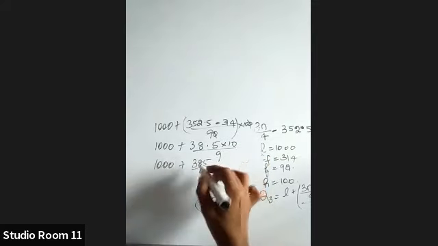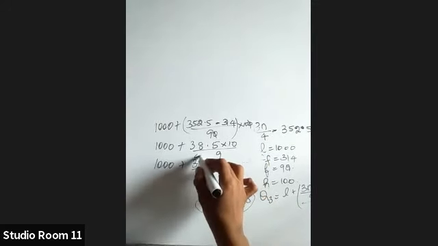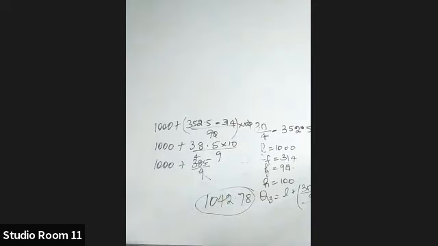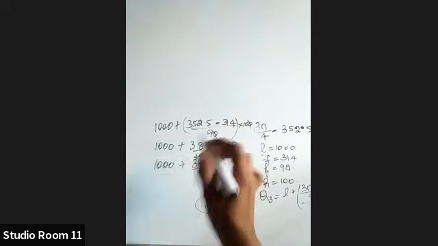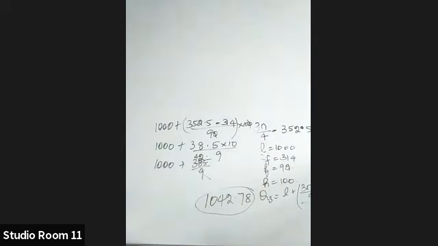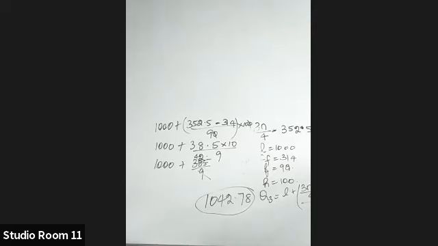So how many times will it go? 4 nines are 36. Balance is 2. 25. 2 nines are 18 points. Is it okay, Karthik? So 1042 point something only we will get. Yes, ma'am, I forgot to cancel 10 here. We will get 1042 point something.